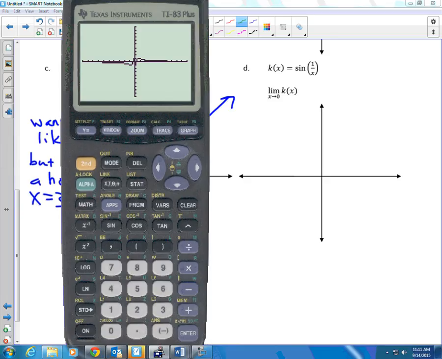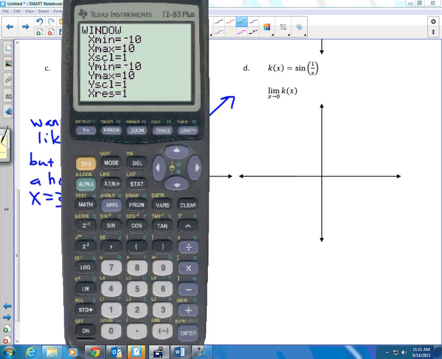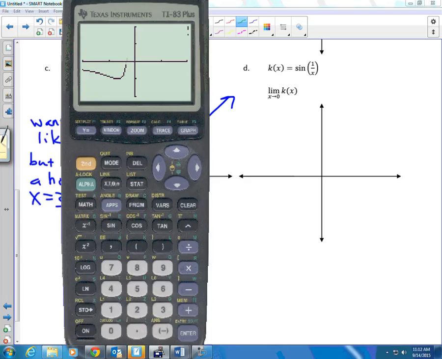Kind of tough to see, isn't it? I'm going to make a different window, actually. I'm going to go from -2 to +2, and -2 to +2. We're going to try that. Is it clear now? As x approaches 0, y approaches?